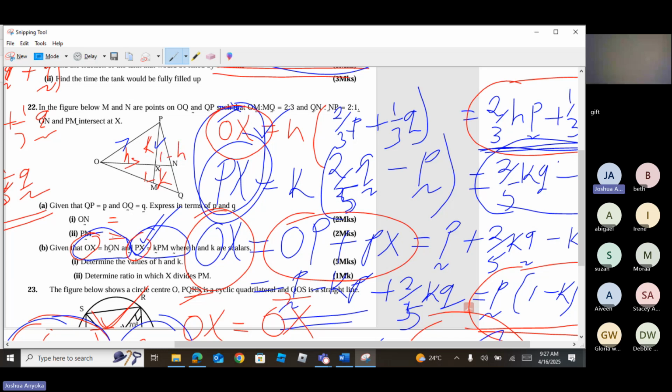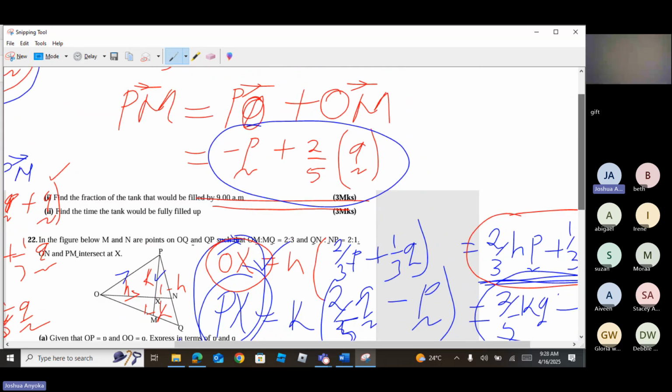Now we want the ratio in which X divides PM. So we write the ratio PX to XM. From P to X, we have k. And from X to M, we have 1 minus k.